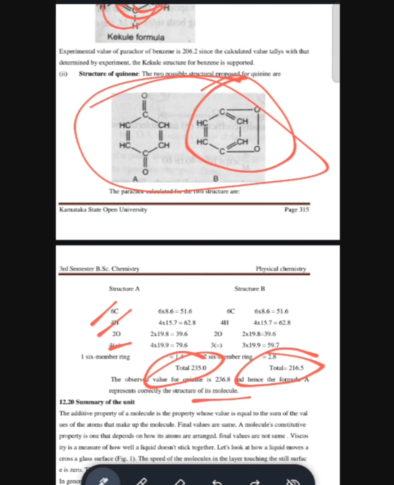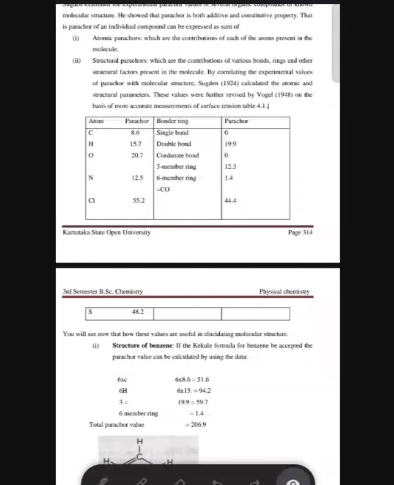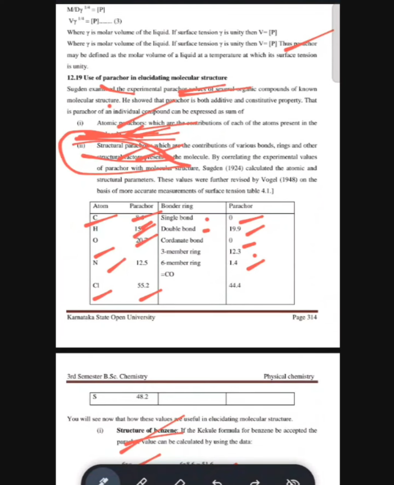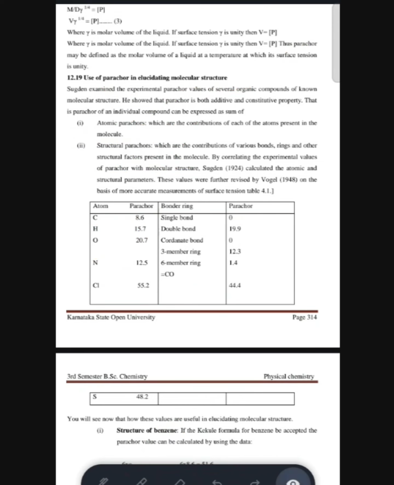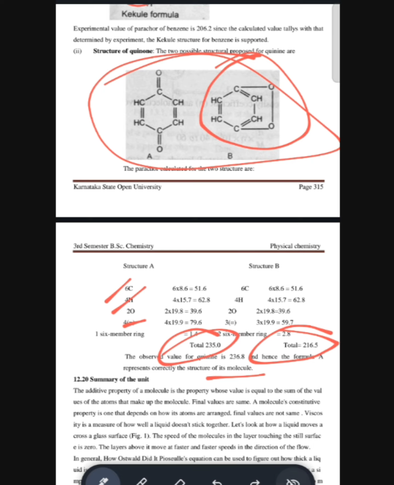So what is the difference here? The parachor value will change for atomic parachor versus structural parachor. The observed value of quinone is 236.8, and formula A represents correctly the structure of its molecule.